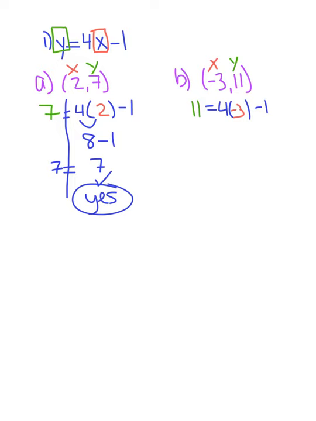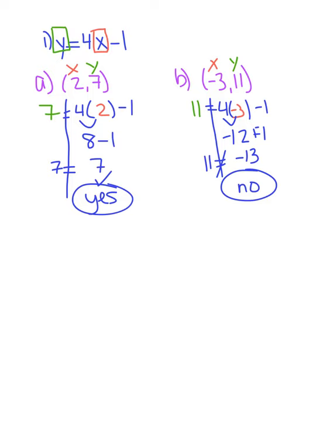So we plugged in 11 and -3 for x and y, and then we're going to do the math. 4 times -3 is -12 minus 1. Keep change switch. -12 plus -1 is -13. 11 does not equal -13. That means that this is not a solution. The point -3, 11 is not on the line y equals 4x minus 1.